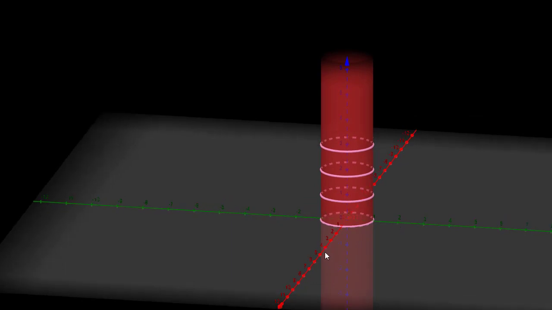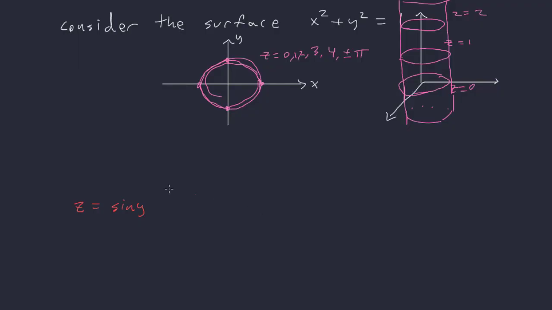So let's take a look at an example like this. Okay, let's say we have z is equal to sine y. Well, that we would graph on the y-z plane, and sine, well, sine does this. Right, it oscillates, but this is going to be what it looks like at every value for x.